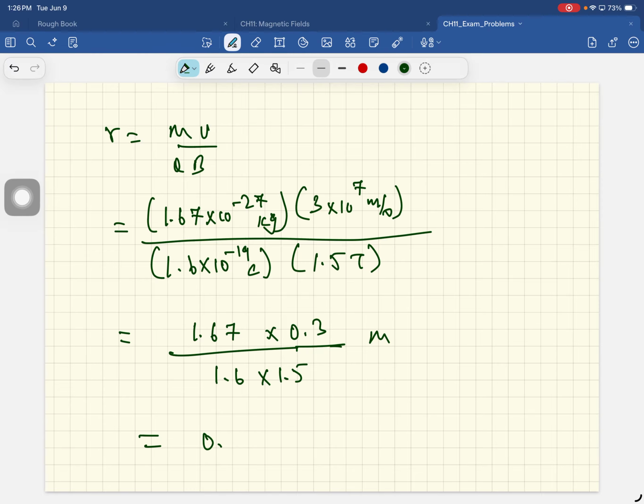And the velocity is 5 times 10 to the 6 meters per second. The charge is 1.6 times 10 to the minus 19 coulombs and 1.2 Tesla field.